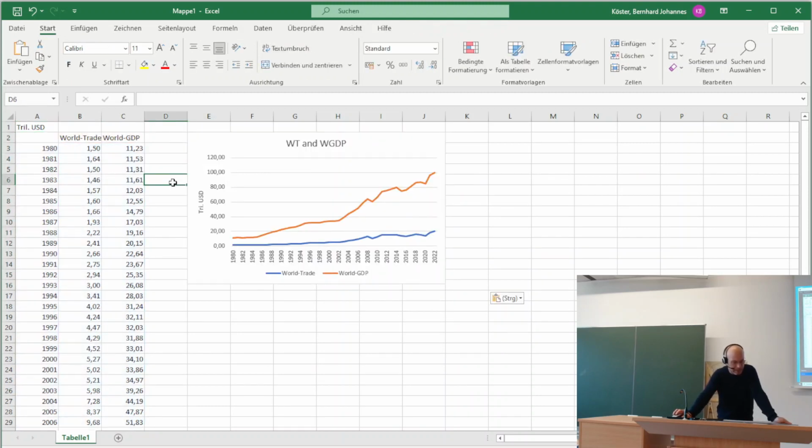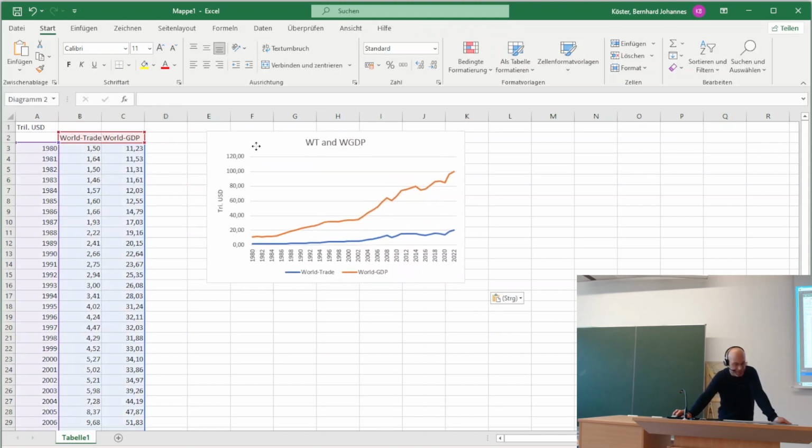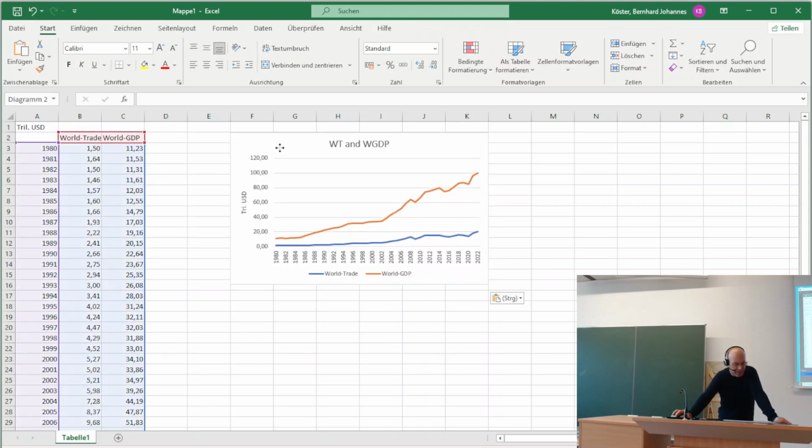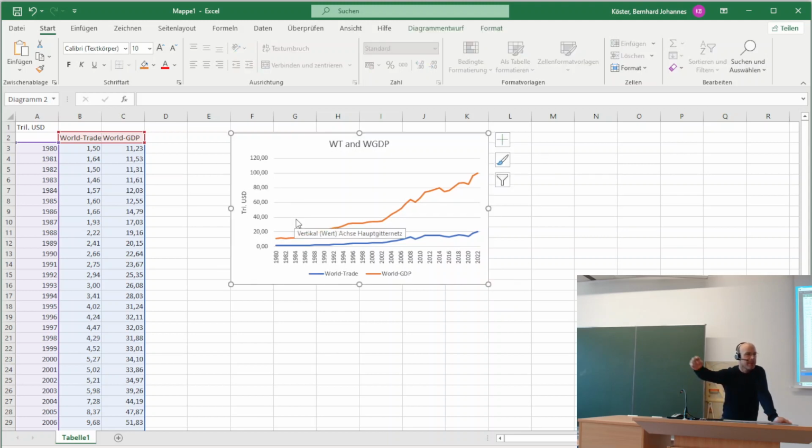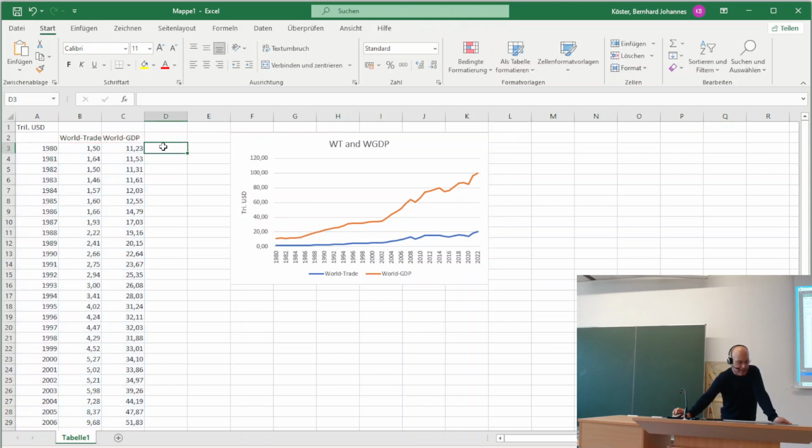Well, and now if we want to see which time series is maybe growing faster, then we already introduced in our macro course the concept of an index.